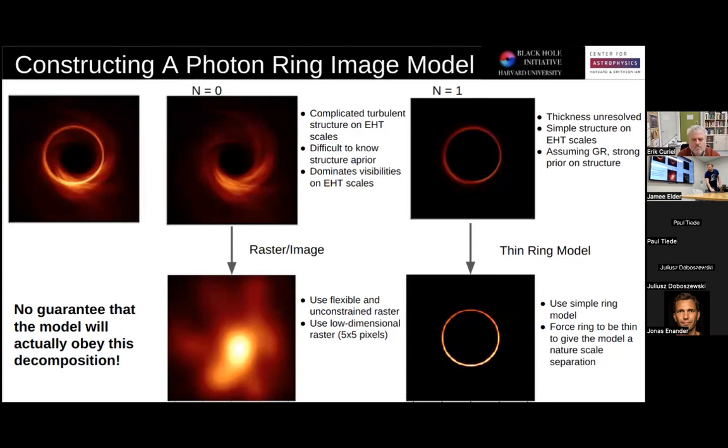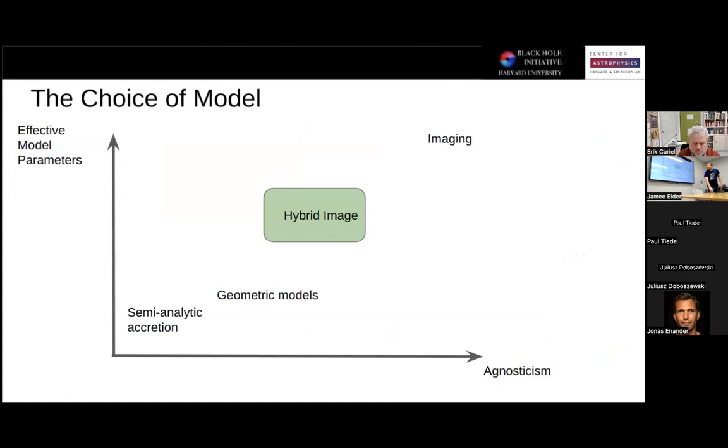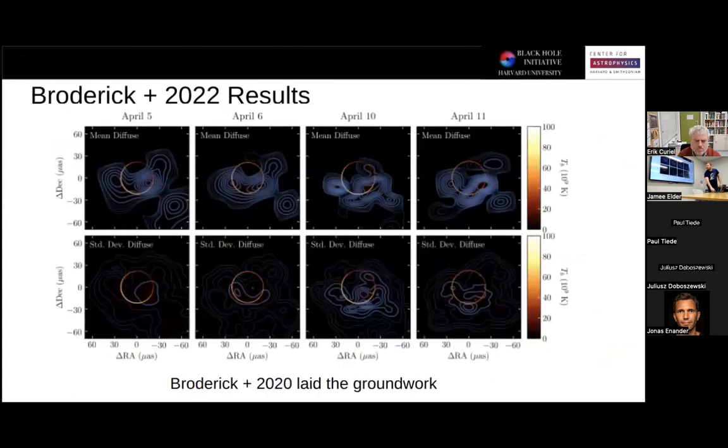I'll get into a little bit of this difficulty later, but if you do take this model as a given and you apply it, you get these results from the broader 2022 paper called Photon Ring and M87, which I'm a co-author of, which is a fun feeling for me. And so what you see is you have your thin ring model here, kind of consistent between each day, and then you have your raster here kind of soaking up the so-called diffuse flux throughout it.